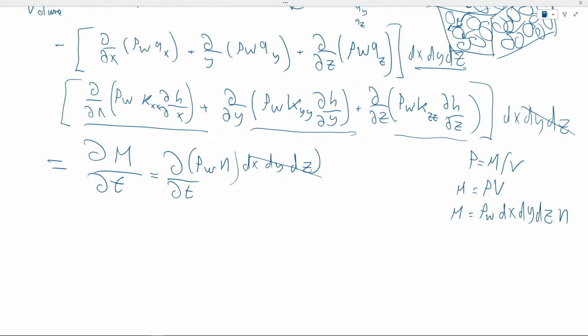Let's just take this rho w out here, so we can assume this is constant. It's not changing within space. So here I can get this equation, which is basically 1 over rho w n.